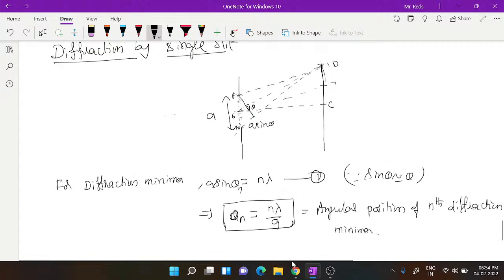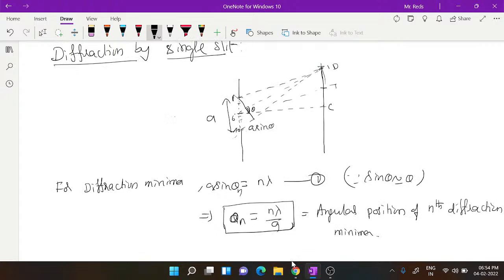Here you have to recollect that if this is the first minima or first dark diffraction fringe, at an angular position of theta 1, then exactly at the same angular position on the other side you will get another first diffraction minima.